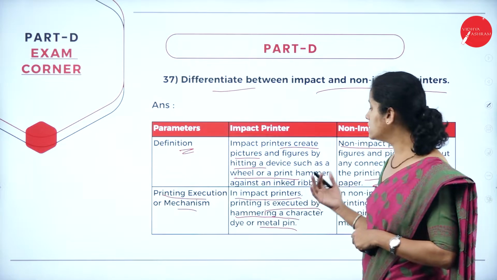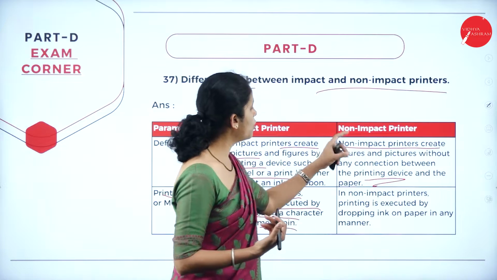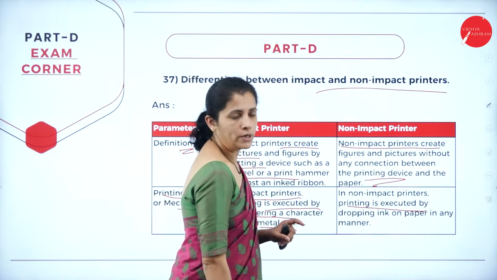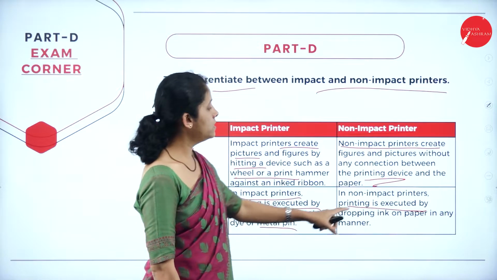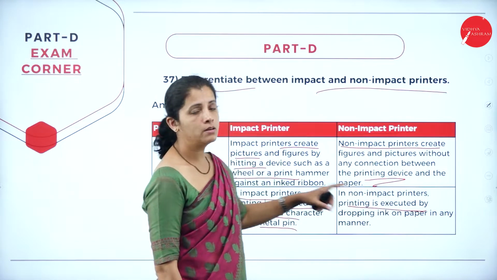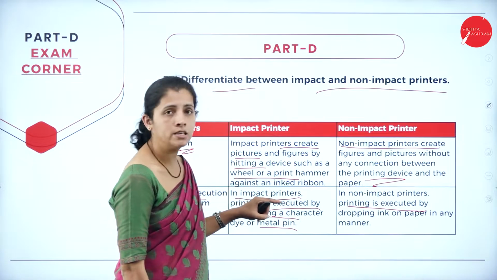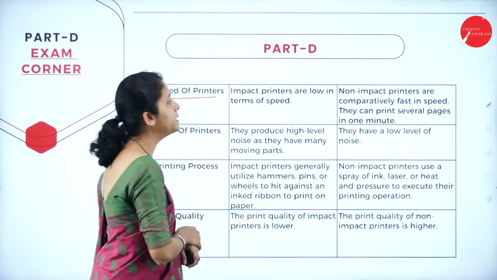So, how are the characters printed? By hitting. But if I consider non-impact, printing is executed by dropping ink on paper. So, here it is dropping ink on paper, but there it is hitting the character. See the difference here. Now, let me consider the speed of the printer.